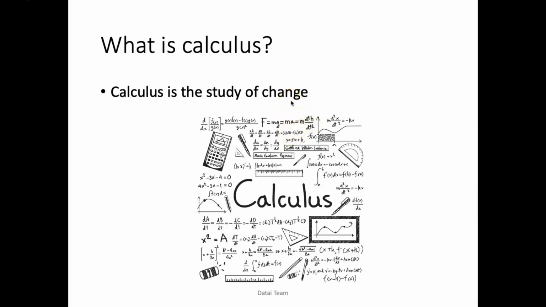And calculus is very common in every area of physics. If you are doing electricity and magnetism, or springs, or chemistry, math, computing, anything that you do that involves some change, calculus is used.